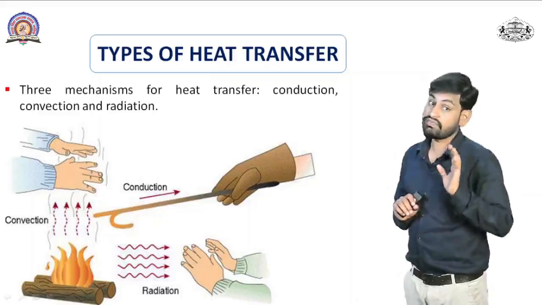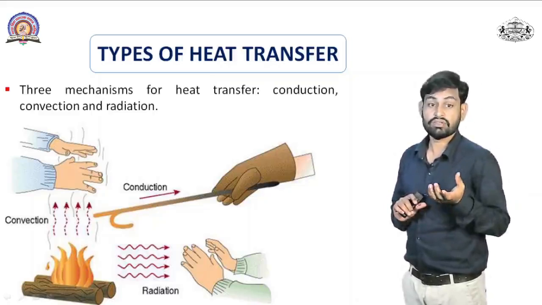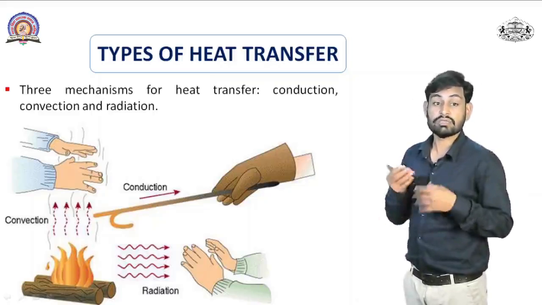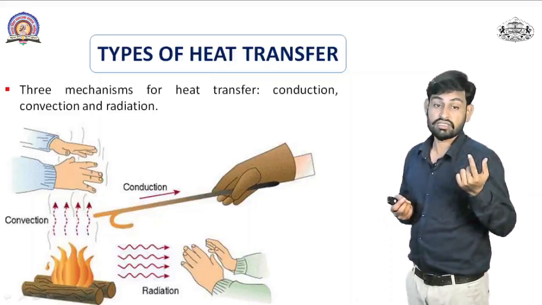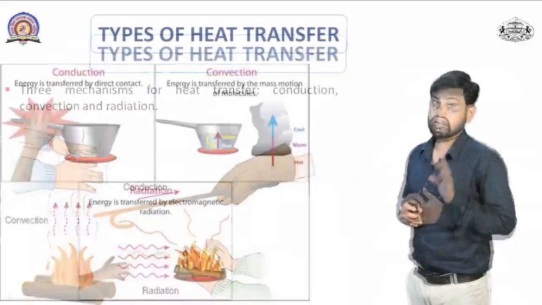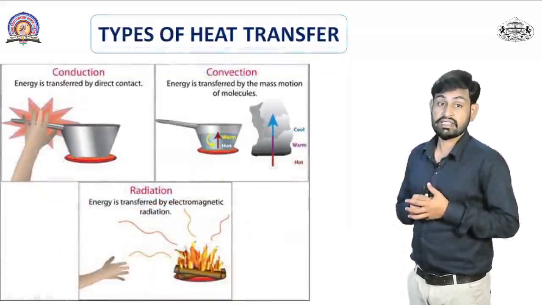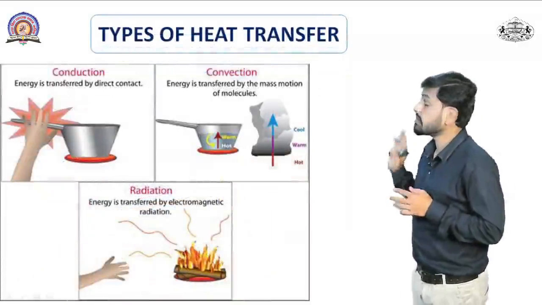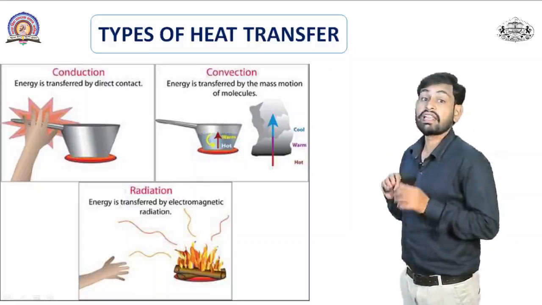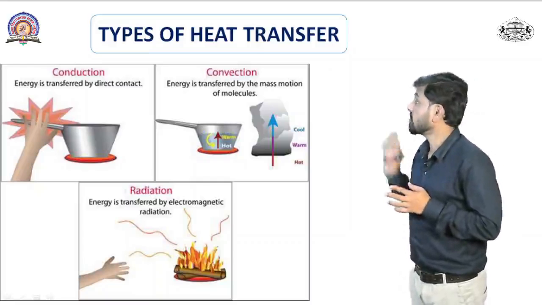As shown in the figure, wood is heated by convection, conduction and radiation. Conduction means the energy is transferred by direct contact.